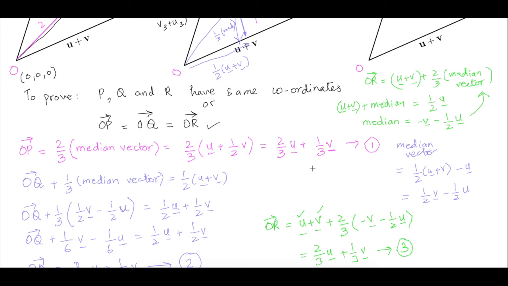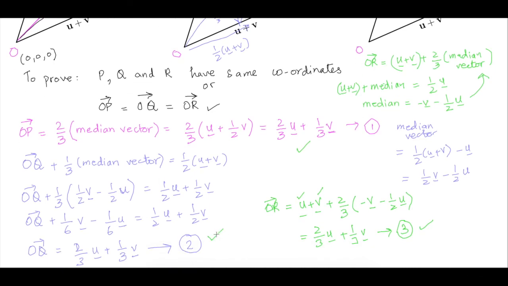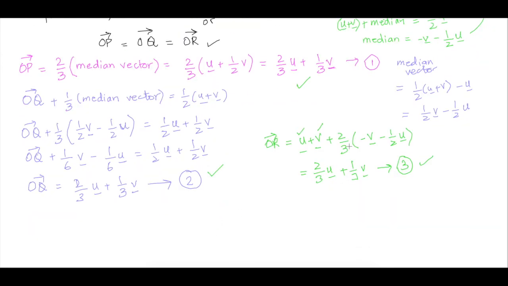Now note that equation 1, equation 2 and equation 3 all give me the same vector. So this means I can conclude that OP is equal to OQ is equal to OR.